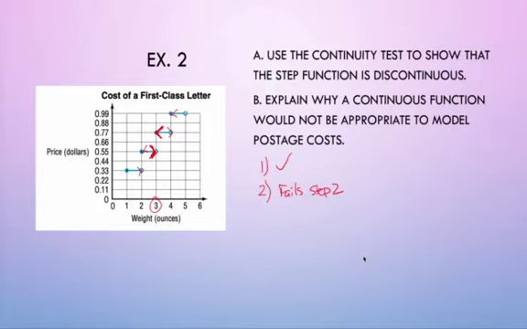And we can't do that. We can't have a fraction of a penny. So it would not be appropriate to have a continuous function because continuous functions have to take all values in the interval.